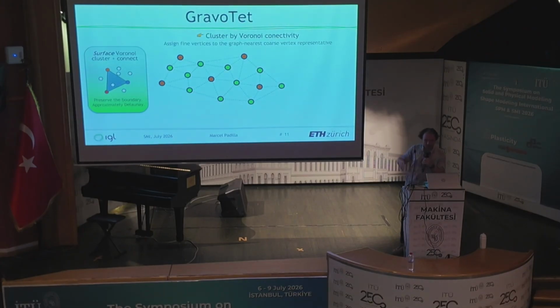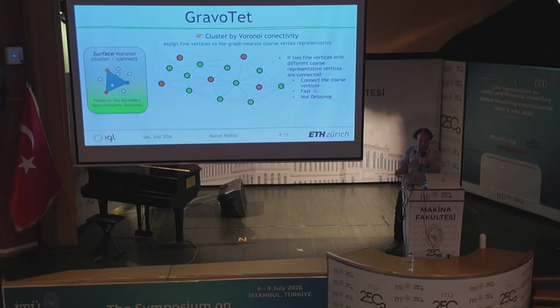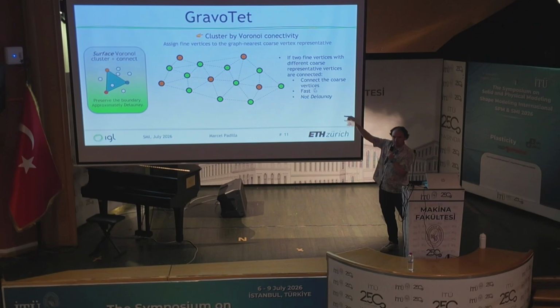So how do we do this? The clustering part now. So we have these orange vertices. We want to connect them with each other. A straightforward way to do this is to look at the fine vertices, so the green ones, and look at where they are connecting. Every green vertex has a closest coarse orange vertex, and if two green vertices are connected that belong to different coarse vertices, we connect the coarse vertices.